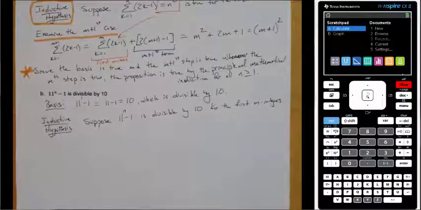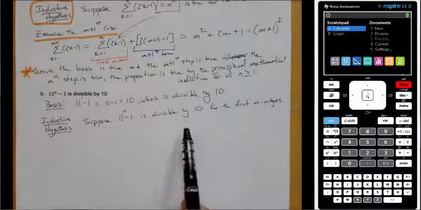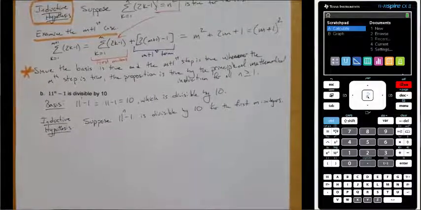So now, what we'd like to do is examine what 11 to the m plus 1 means. Well, before we get into that, for divisibility proofs specifically, which are a common proof that you're going to see multiple times, we'd like to explore a little bit further what it means to be divisible by this number, and come up with an equation that's going to be useful for us.